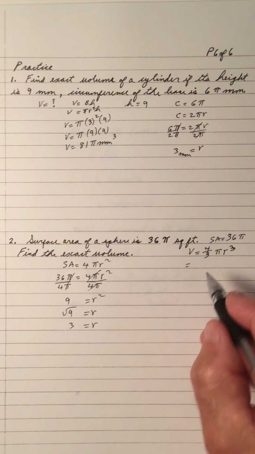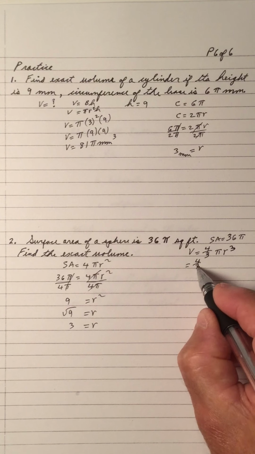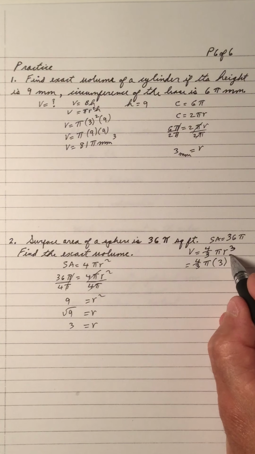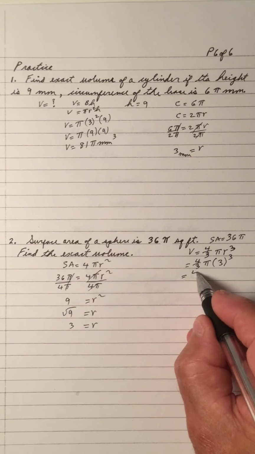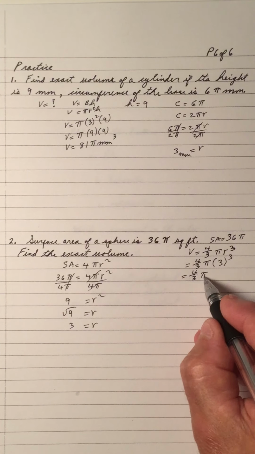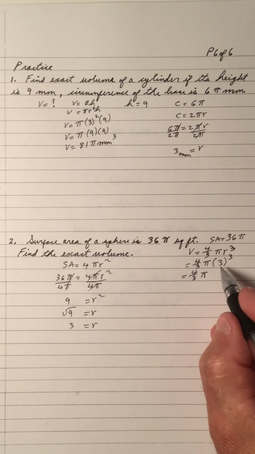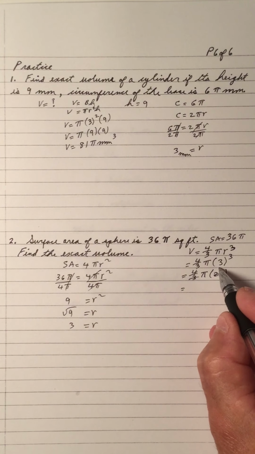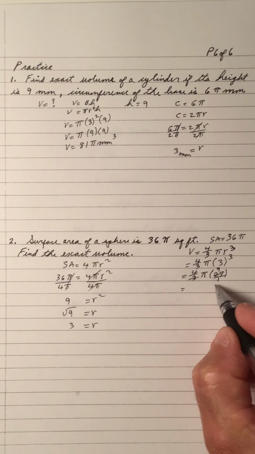So we have a radius, so it's 4 over 3 pi, and the 3, the radius, is being cubed. And 3 cubed is 3 times 3 times 3. 9 times 3 is 27. And the 3 cancels into 27 9 times, because it's 27 over 1.